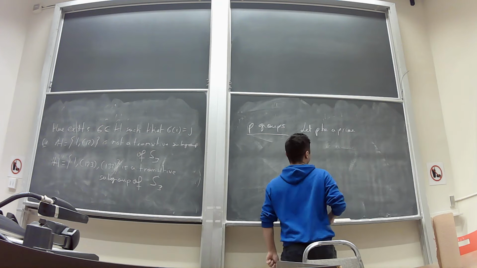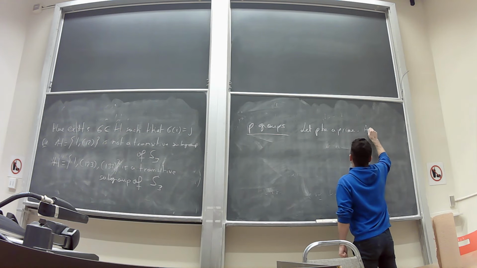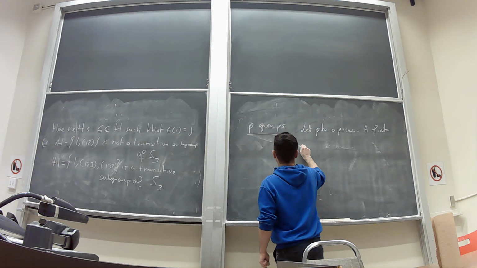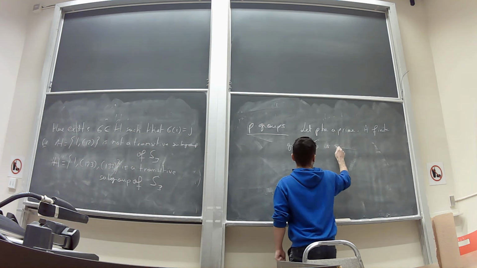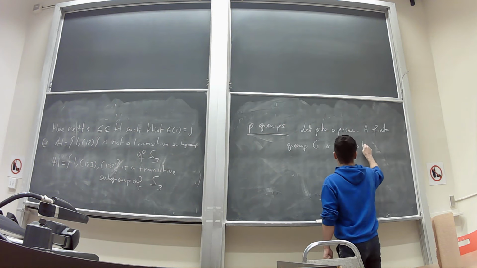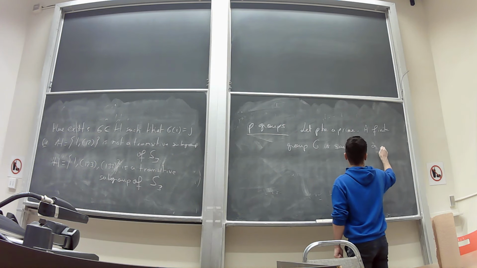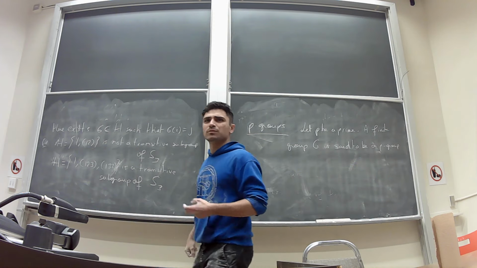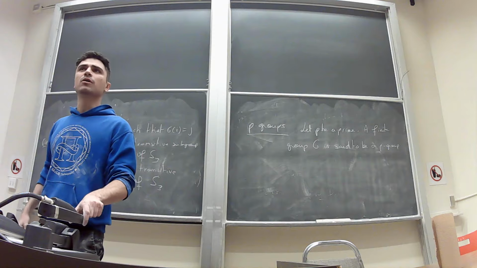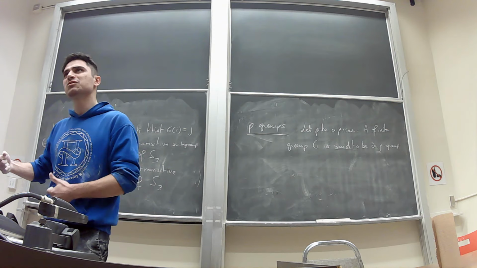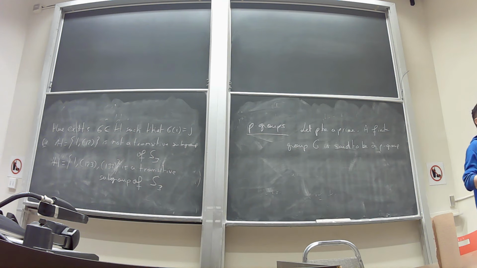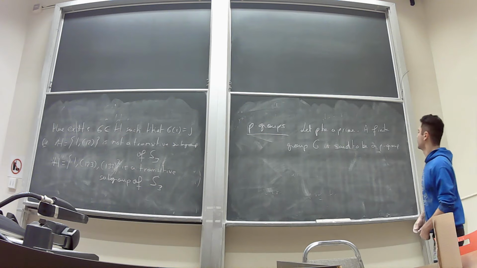Let P be a prime. A finite group G is said to be a P group. Now I'll exclude one from the definition of a P group. Like the trivial group, I will not assume it's a P group. Now some textbooks assume it, some don't. I've seen both, but it doesn't matter. It's not the definition that matters, it's more what we do with them.